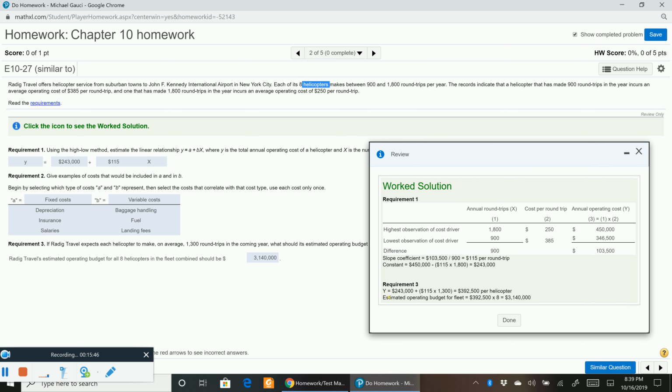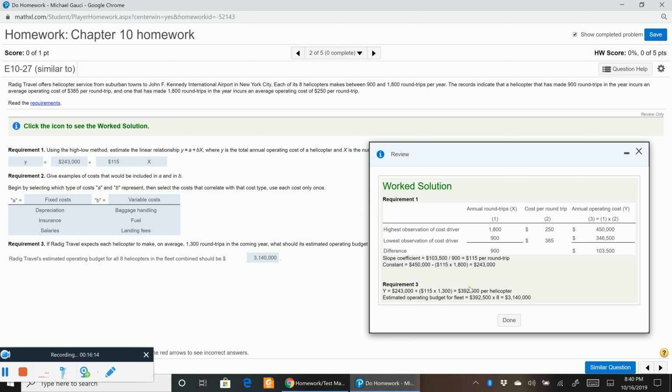So the total cost, y, equals the fixed costs. Remember, fixed cost is the same, $243,000 regardless of activity. So y, total cost, equals fixed cost, $243,000, plus variable cost per unit, $115, times the number of round trips, which we said is 1,300 in our example.